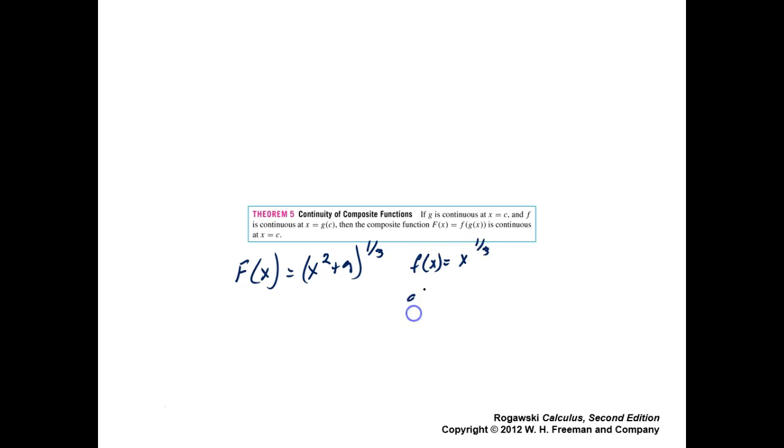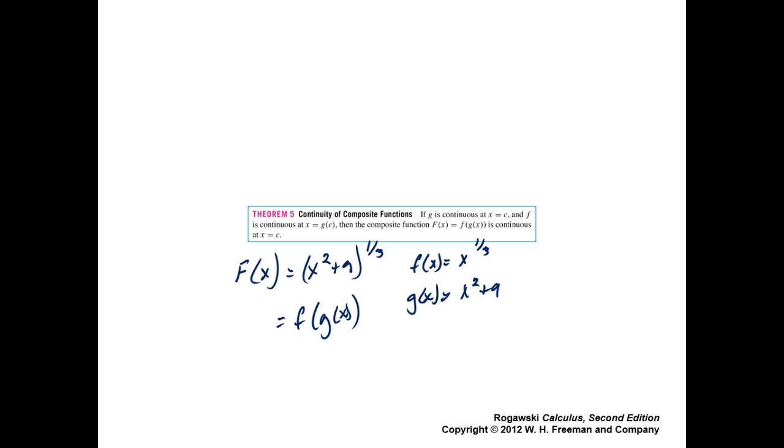The g of x is just the inner function, x squared plus 9. And therefore, this capital F is f of g of x. In other words, if you start with this one and take the cube root of that, then you get this.